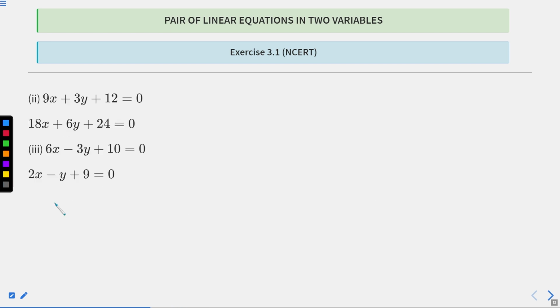Now for question number 3, we have the pair of linear equations 6x minus 3y plus 10 is equal to 0 and 2x minus y plus 9 is equal to 0.